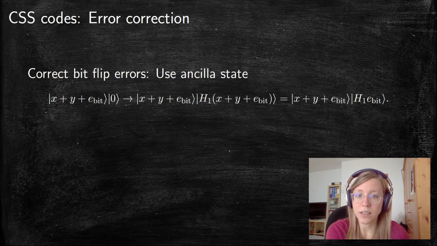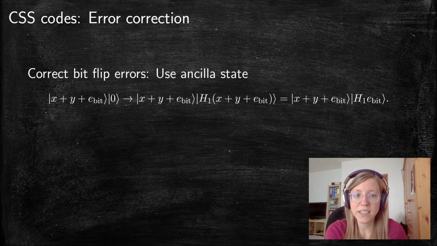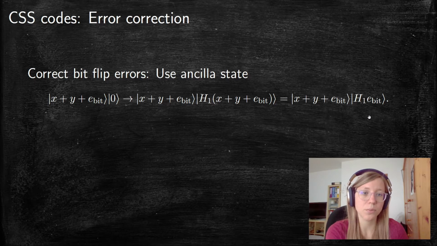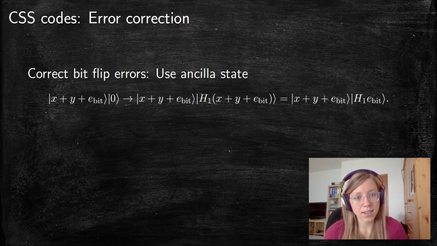And we store it in the ancilla state. By the definition of the parity check matrix, h1 applied to x is 0, h1 applied to y is 0, so the error syndrome is simply h1 times e bit. Then we measure this ancilla state and correct all the bit flip errors at those positions where we detected one.